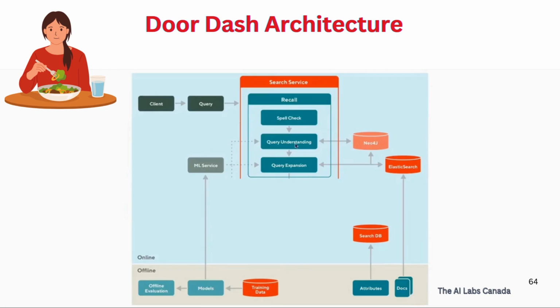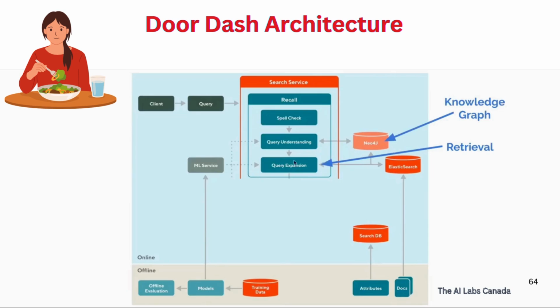Spell check corrects spellings, generally light spelling checks, and then it goes through query understanding. So it's basically trying to understand the concept of the query. It goes through maybe synonymization as one aspect there. An example could be MCD, which can map to McDonald's, McDonald's burgers and all those things.